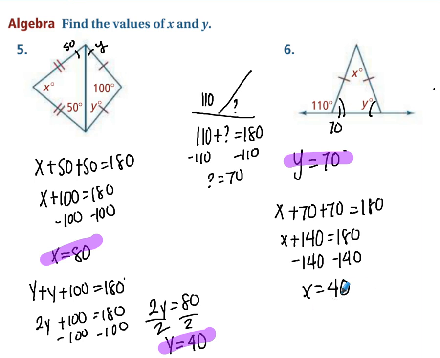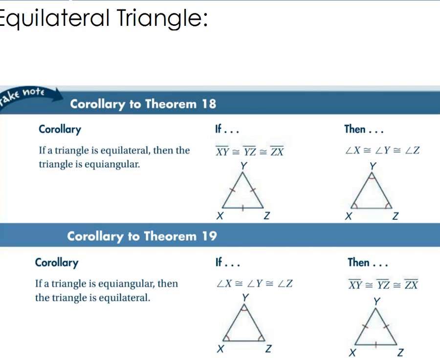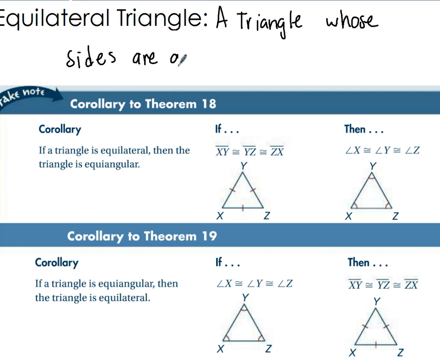Okay, next, equilateral triangles. This is a triangle whose sides are all congruent.